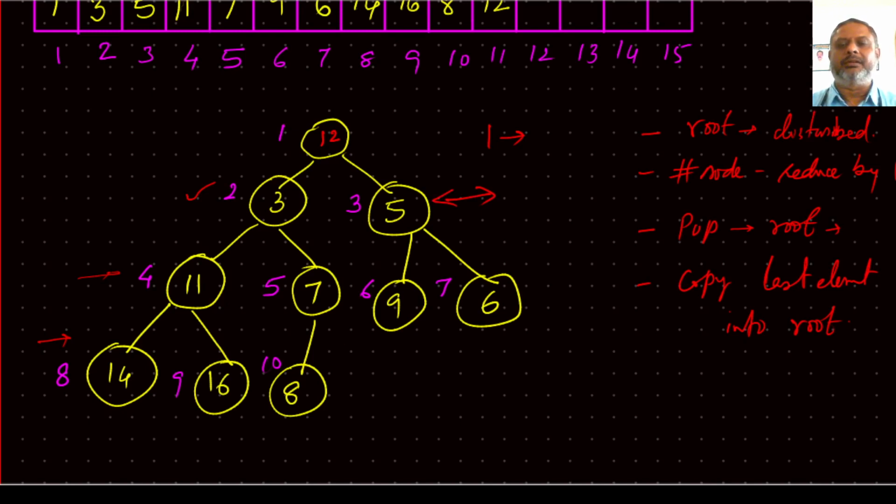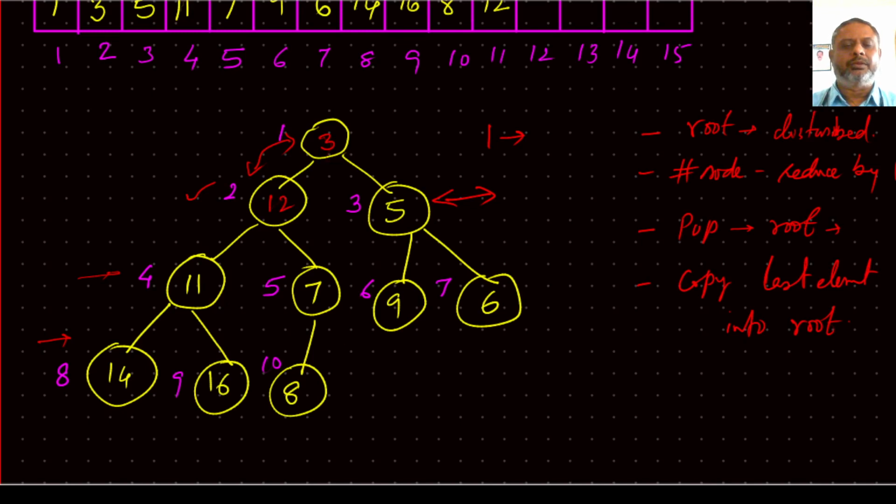So one of these two should occupy the root, and the smaller of the two has to occupy the root. So it works out that the values 12 and 3 are swapped. So 3 comes here, 1 comes here.